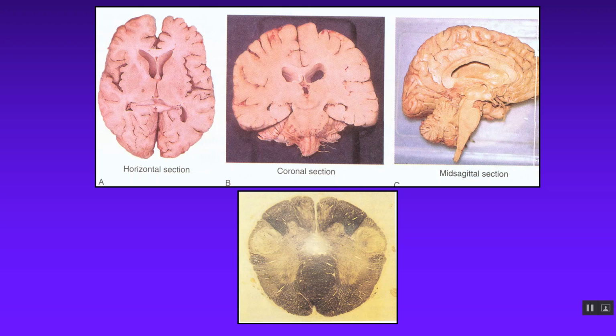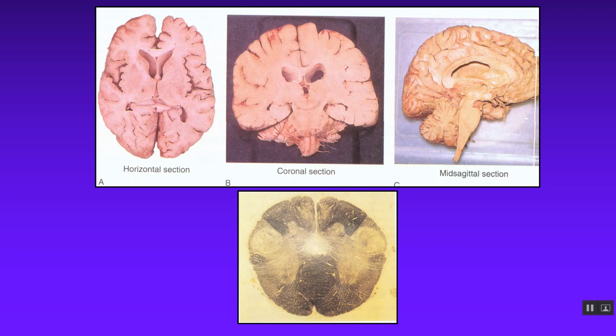If you look on the back side of that, you'll see the key to these structures, and there's a little line that shows you exactly where that cut was made. And then this shows you an MRI image of what that coronal section looks like.